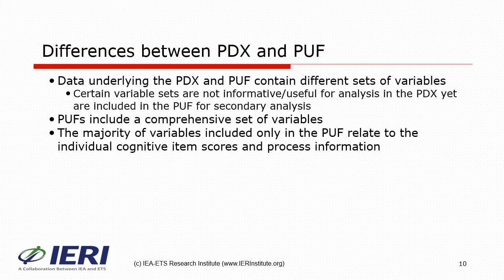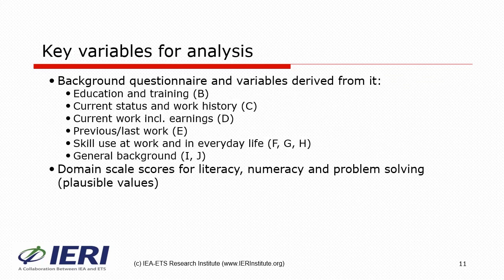The majority of the variables included only in the public user files relate to the individual cognitive item scores and process information. There is a large number of background questions and variables included in the public user files. These are education and training variables, identified with the letter B at the beginning of the variable name.